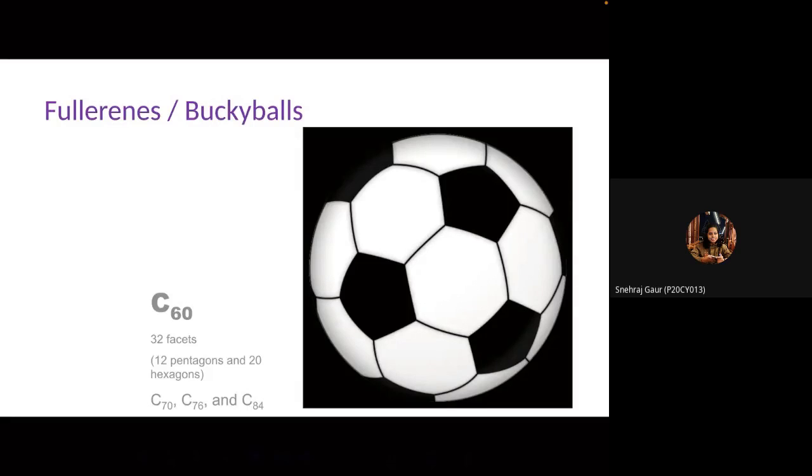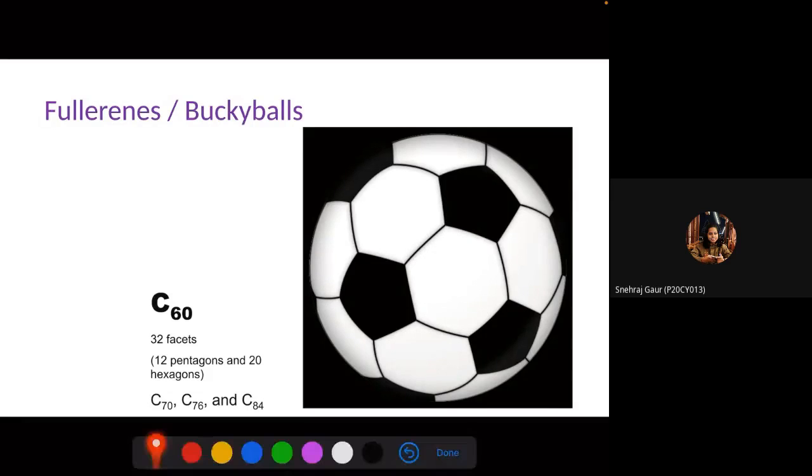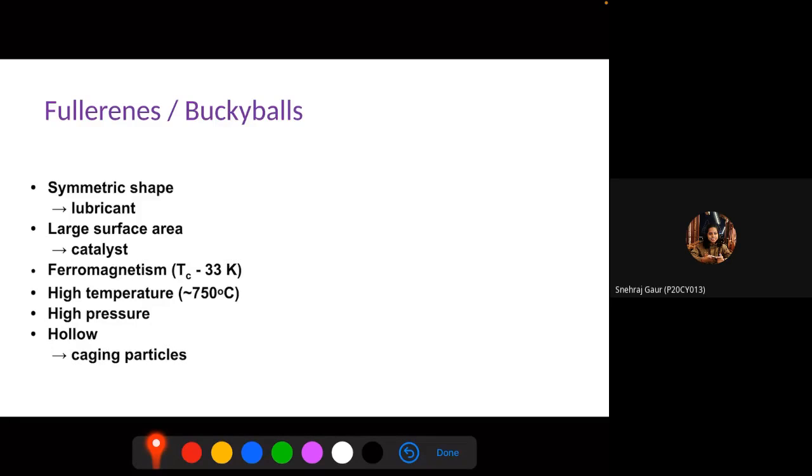So it has 12 pentagons and 20 hexagons, and at each point in the polygon you have a carbon atom, and this is all sp2 hybridized. So why is fullerene interesting?